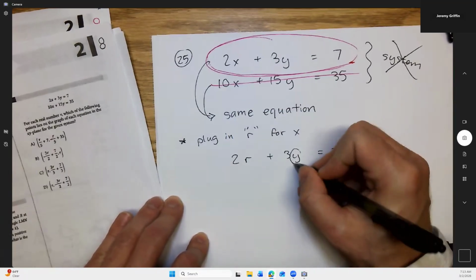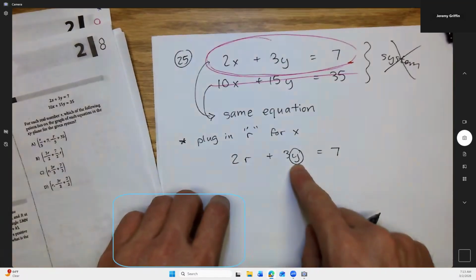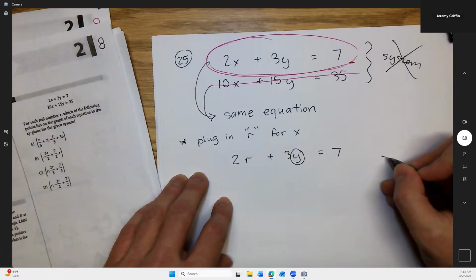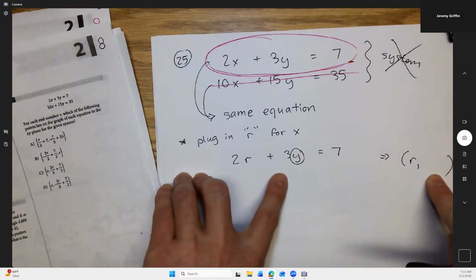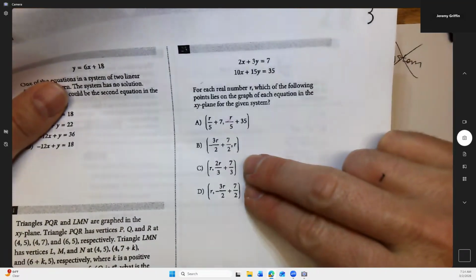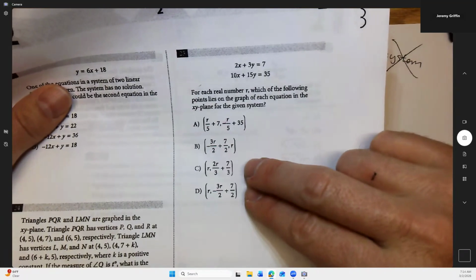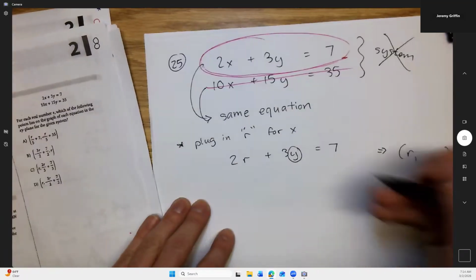Now we're going to solve for y, and that would lead to r comma something, which looks like it matches two of their choices, C or D, if this comes out to be an answer. So let's see if it does.